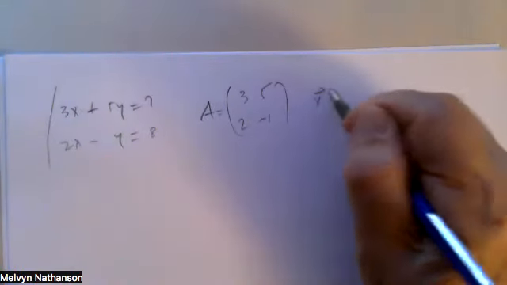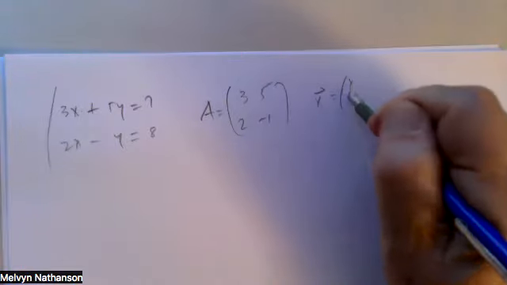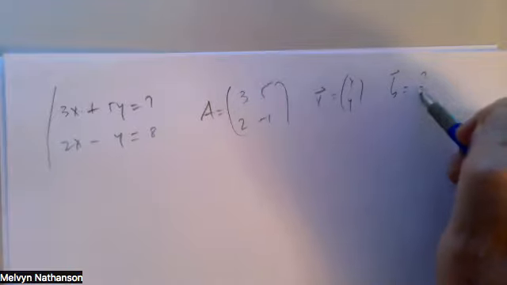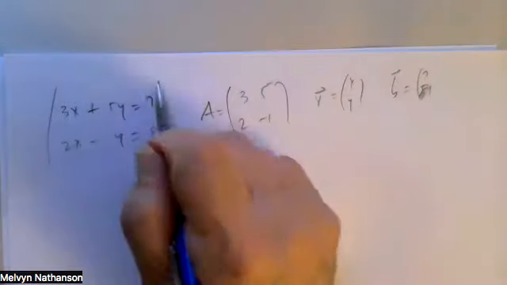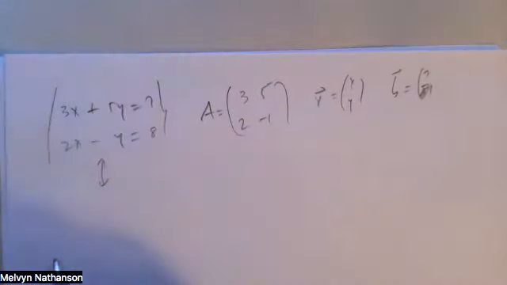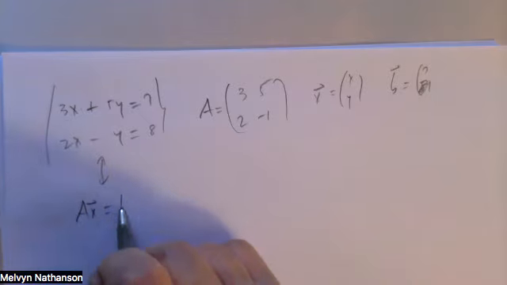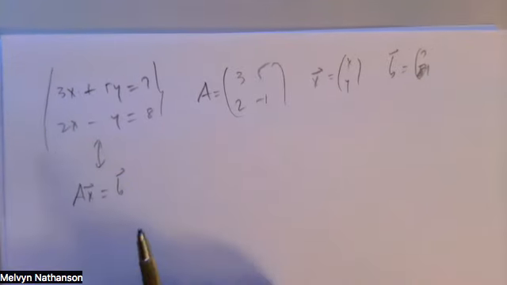The variable x would be x, y. The right-hand side b would be 7, 8. So this system of equations is exactly the same as saying find a two-dimensional vector x such that Ax equals b. It's exactly the same thing.